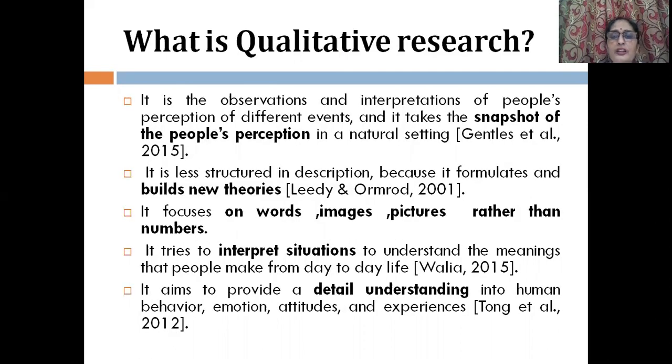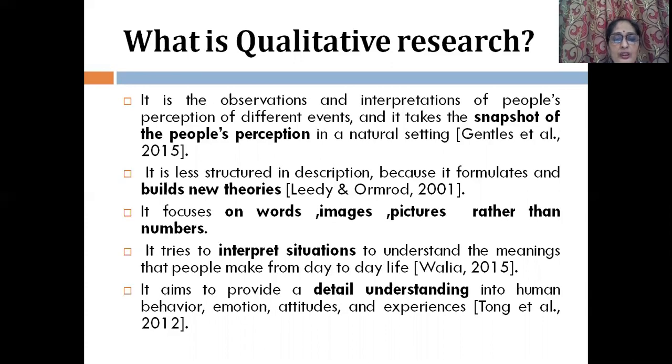Therefore, qualitative research is a snapshot of people's perceptions in their natural social environment. Therefore, the qualitative research will help to build new theories and will be therefore less structured in description. It focuses on words, text, images, pictures rather than statistics or numbers.